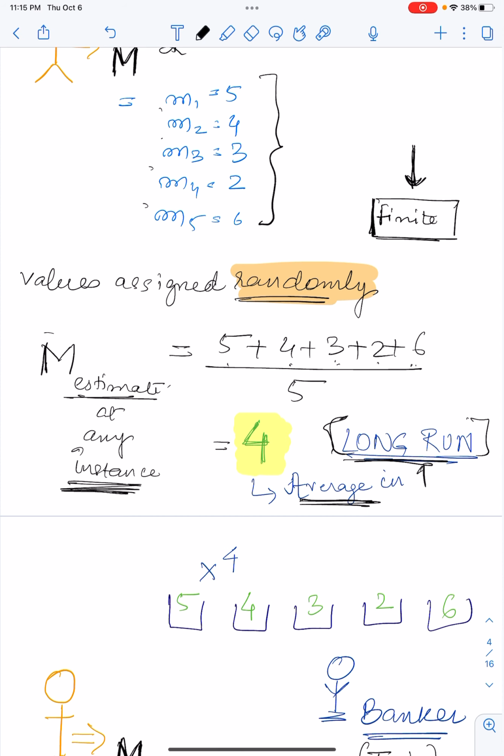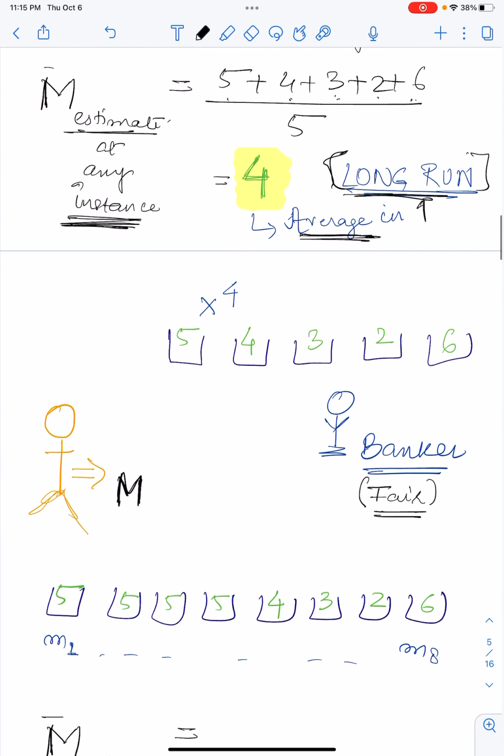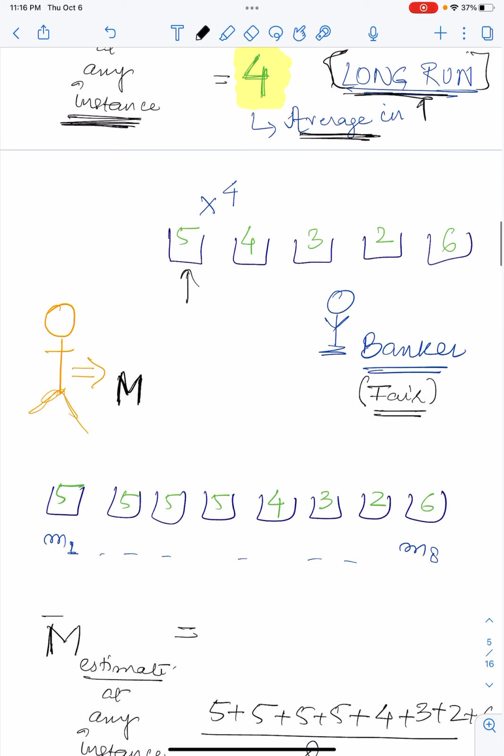Now let's change the setting a bit, and let's have 8 of such boxes. So now we have 4 boxes of 5, and the rest being just 1 box each of 4, 3, 2, and 6, over a total of m1 to m8. So now my possible values for this capital M are m1 to m8.